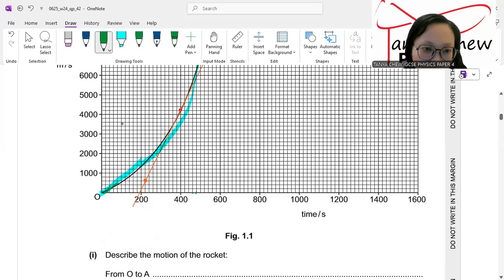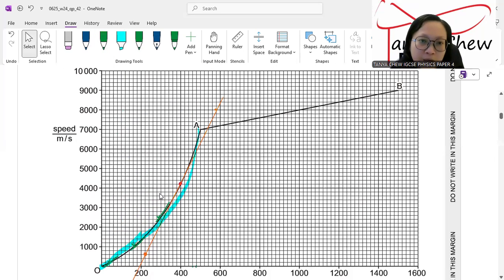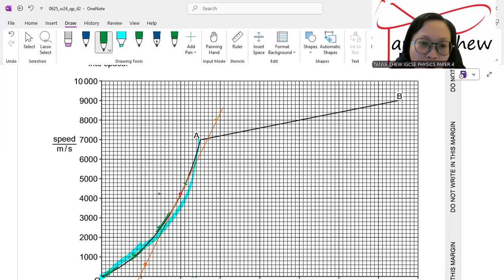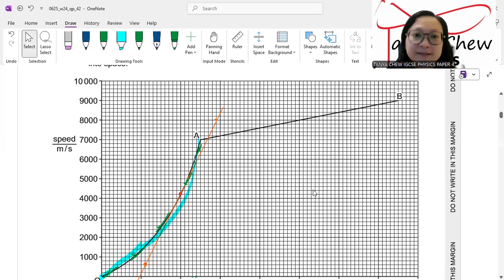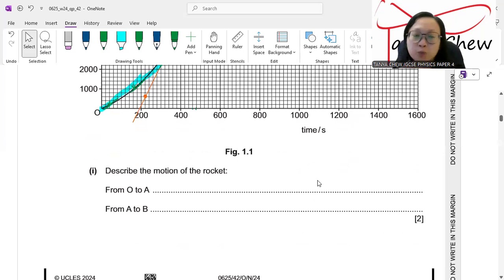So I want you to see this, pay special attention to this. From O, could you see that these are the tangent lines that I am drawing? It is getting steeper. So how do I know it is getting steeper? Because it is getting more straight towards the y-axis. We call it tangents are getting steeper. So when it is a curve graph, you have to draw tangent. When you look at the tangents getting steeper, that also means that the gradient of the graph is increasing.